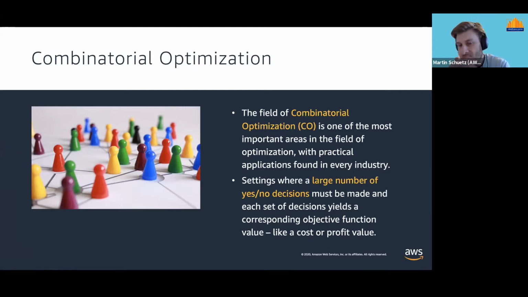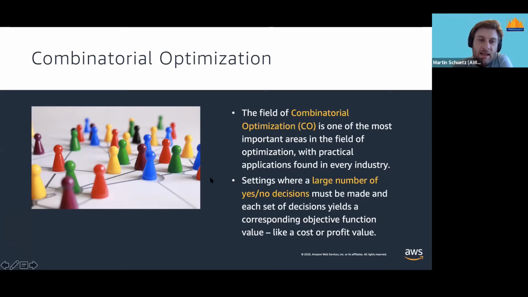Broadly speaking, it describes every setting where a large number of yes and no decisions must be made, and each set of decisions then yields a corresponding objective function value, like a cost or a profit, and you would like to optimize now, minimize the cost or maximize the profit, for example.